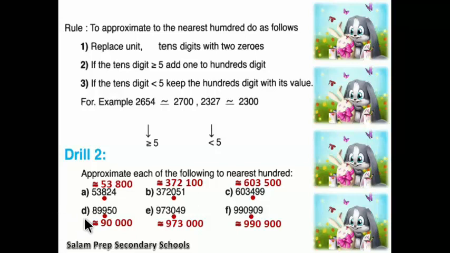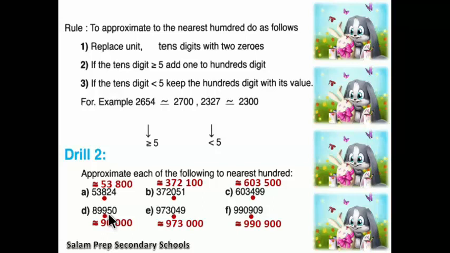Problem D. Let's solve together. 89,950. Approximate to the nearest 100 means please go to hundreds place, okay? Put 0 in units, 0 in tens. Now, before hundreds place is tens place.